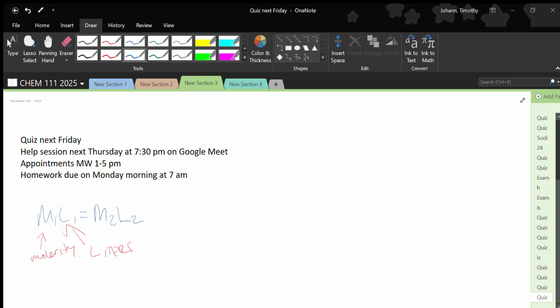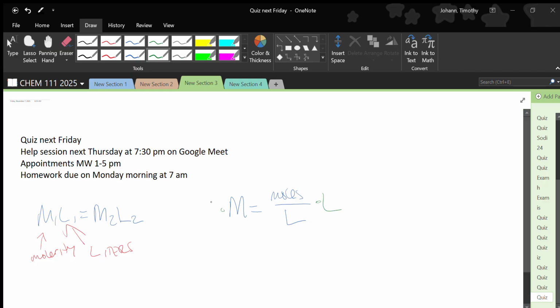Remember, where this comes from is that molarity is equal to the moles divided by the liters. I can multiply both sides of that equation times liters, and what I get is liters times molarity is equal to moles.